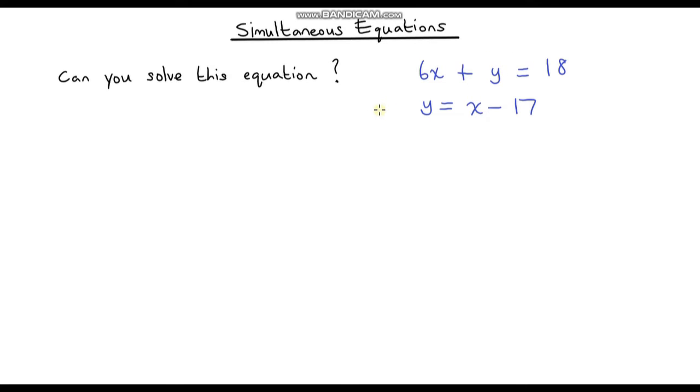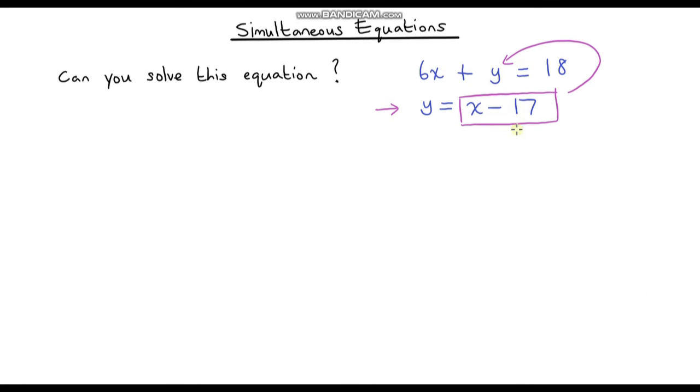So what I need you to do is focus on this equation here. Notice it says y equals x minus 17. So these two things on either side of our equal sign are exactly the same. So what I can do is I can substitute x minus 17 into our original equation where y is. So what I'm saying is, instead of writing y, I can write x minus 17 because they are exactly the same thing.